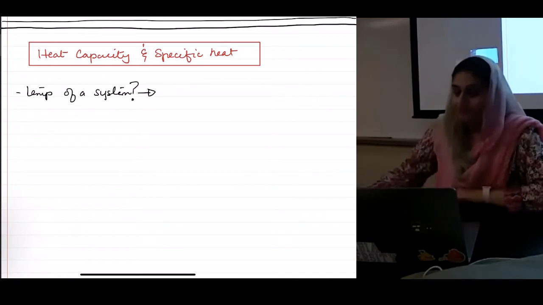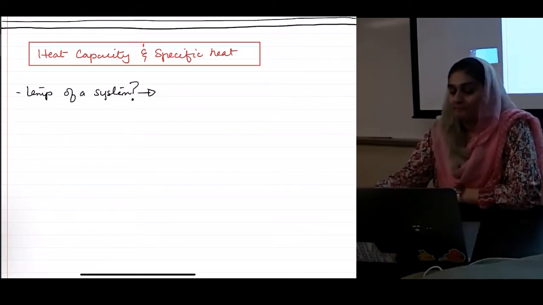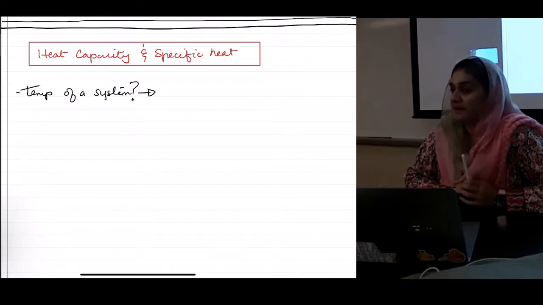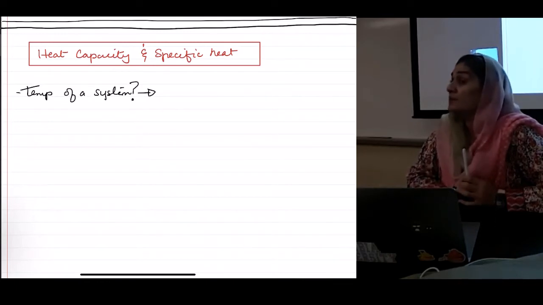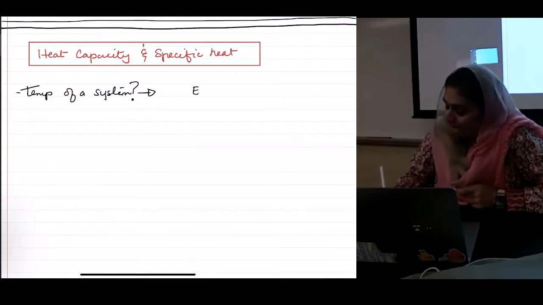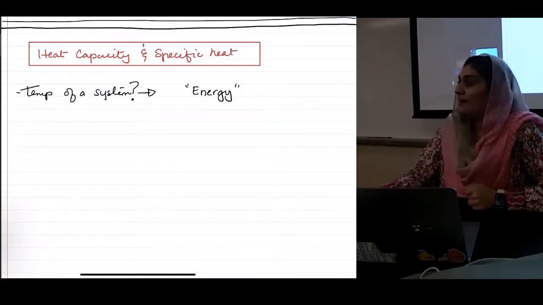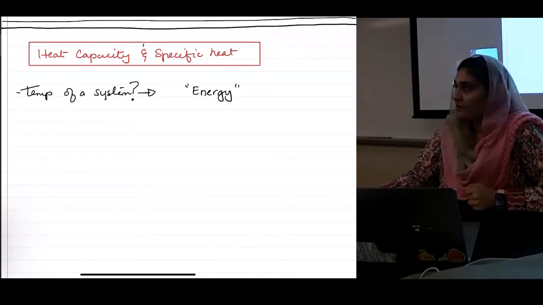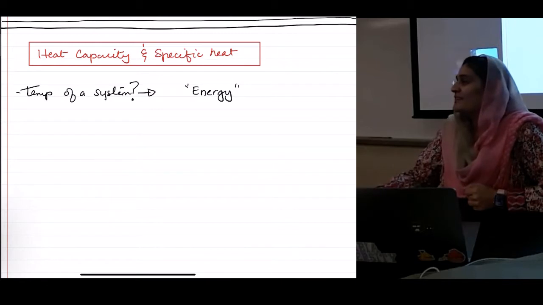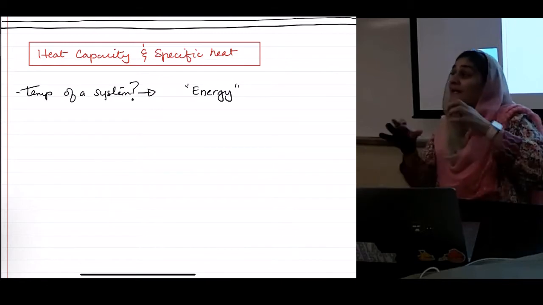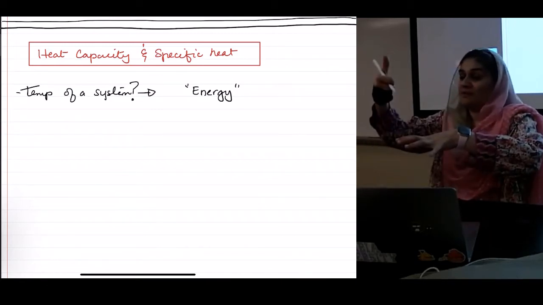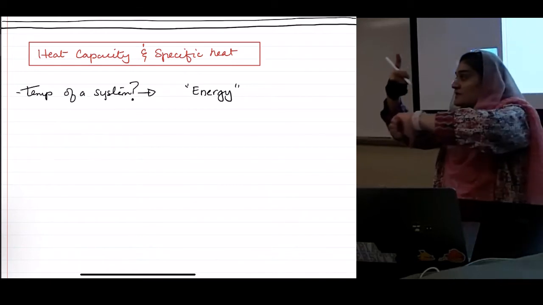There's only one way. Temperature is related to only one property of the system. When energy is put in, the temperature goes up. When energy is taken out, the temperature goes down. Right? So when you put in energy, the temperature of the system goes up. When you take away energy, the temperature of the system goes down.